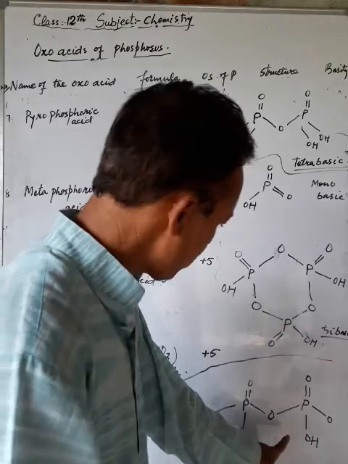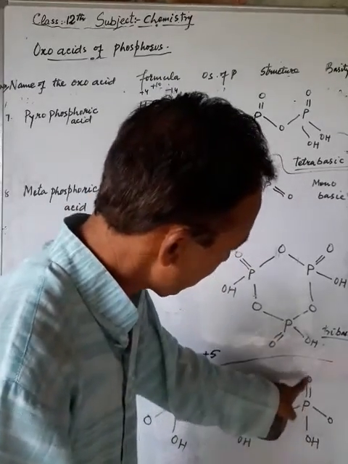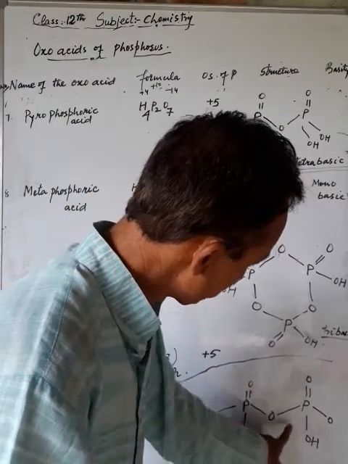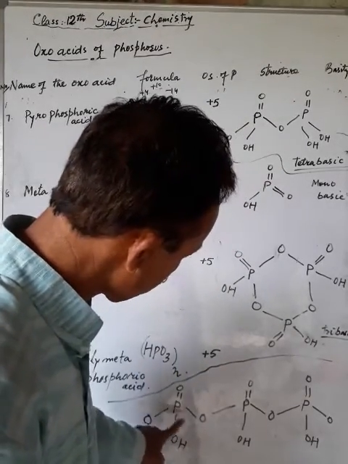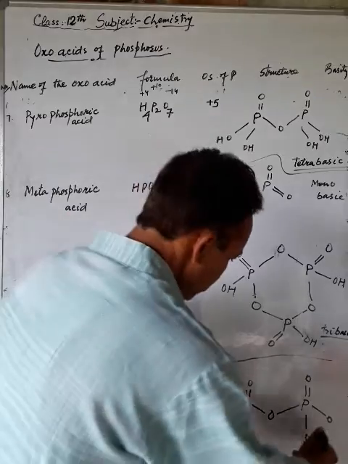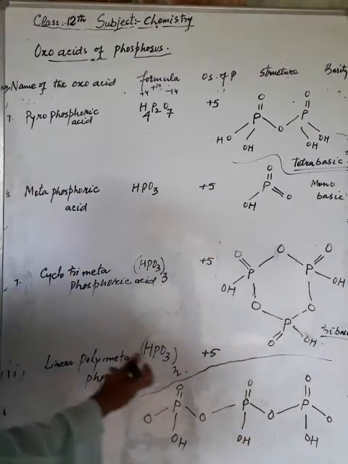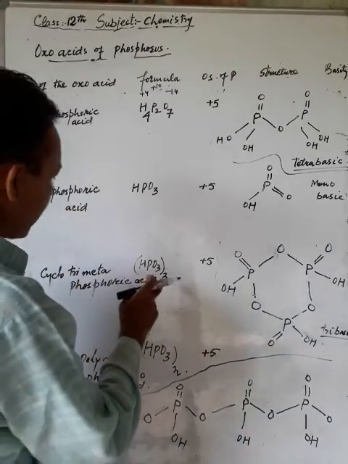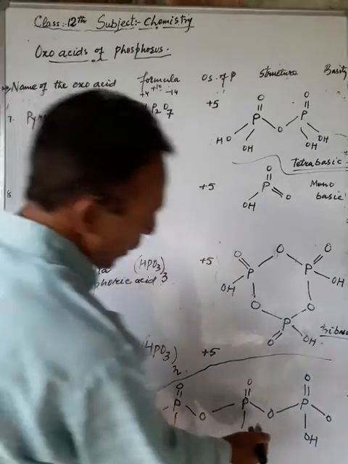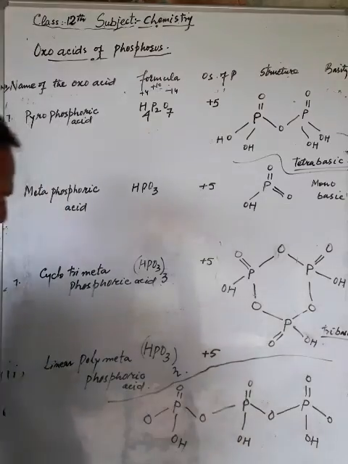So if you see, this is HPO3, one molecule, HPO3 another molecule, HPO3 another molecule. So it forms a polymer of the monomer metaphosphoric acid.